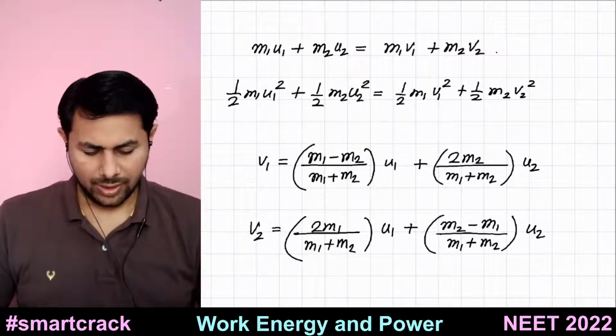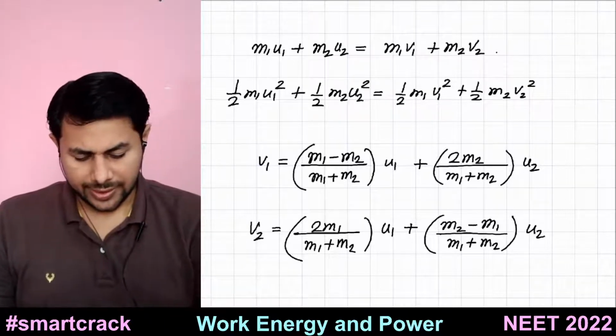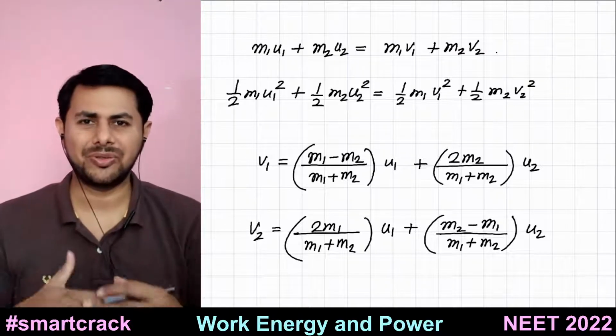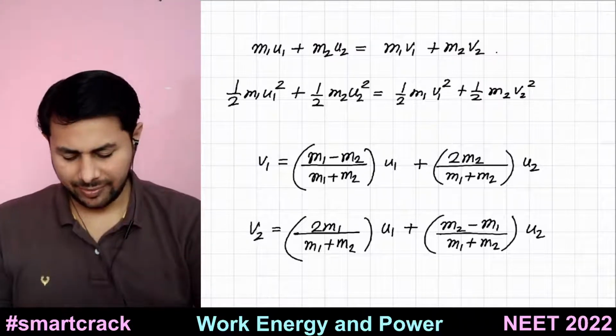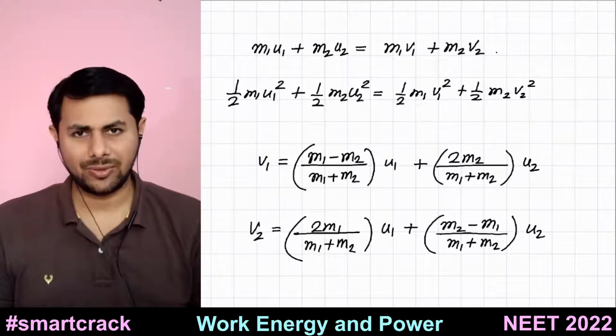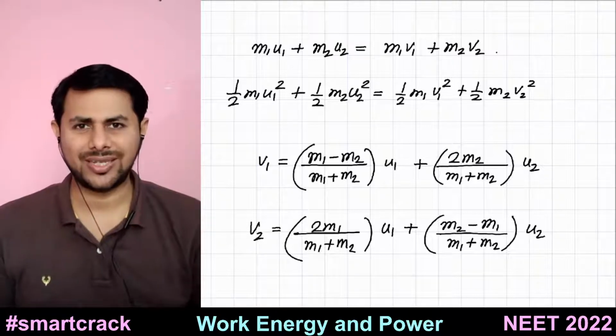For the case of elastic collision, there is a long derivation. If you solve it, you will get the final velocity of the first body and the final velocity of the second body. These are those two formulae. We need to memorize them.